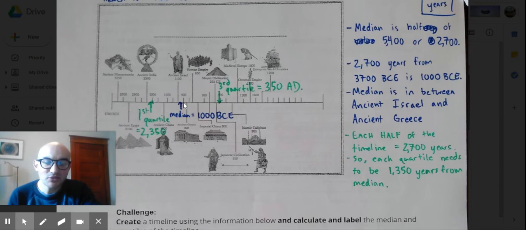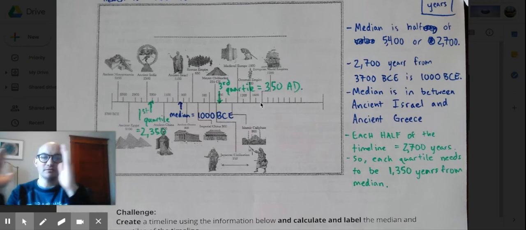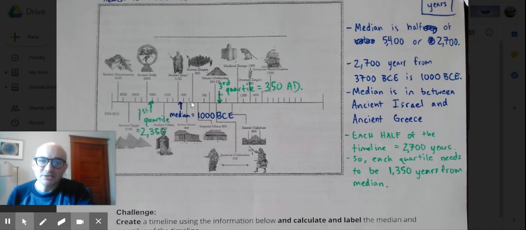So the distance between the median and the third quartile, and the third quartile and the last date, those are equal sized, or equal number of years, equal values. So we should be able to see this visually on a timeline pretty well.